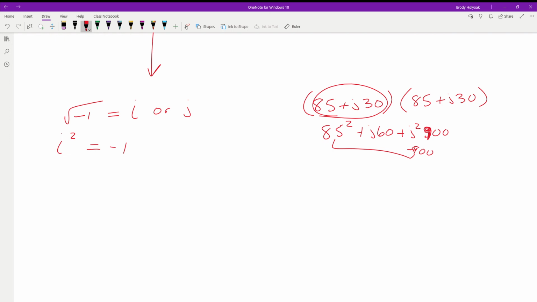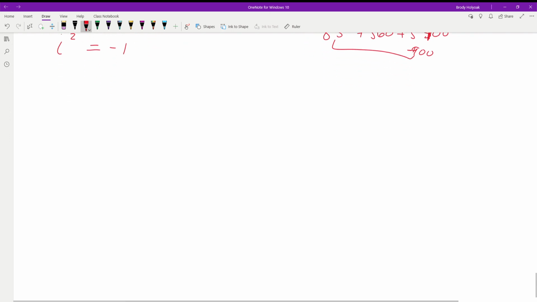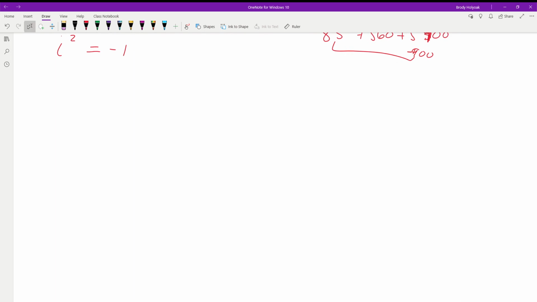So with this, we want to understand the powers of j and how they work. They follow a pattern, so we can determine how to simplify this down and make our lives easier. If we have i to the power 0, what is that value? 1. And why? Anything to the 0 power is 1. If we have i to the first, that equals i, just itself.